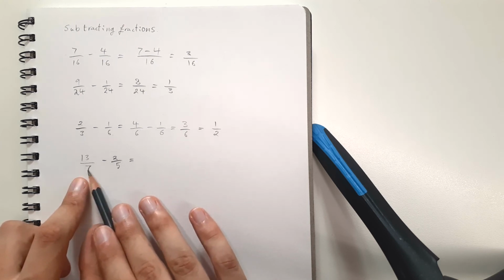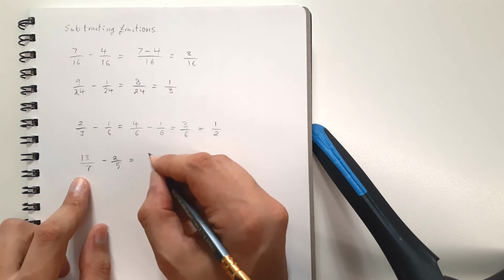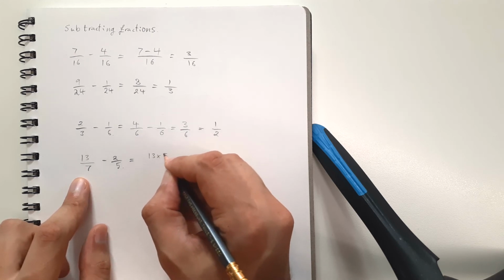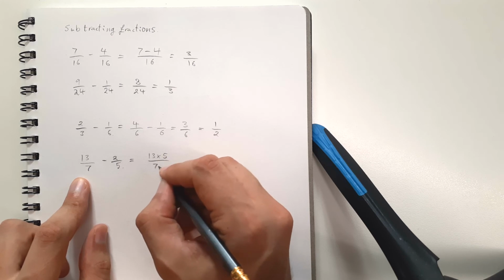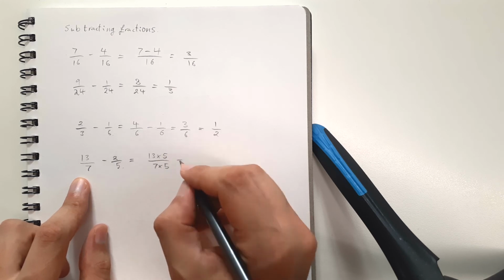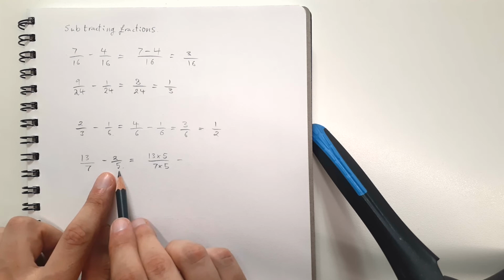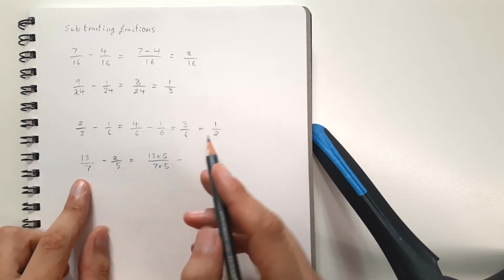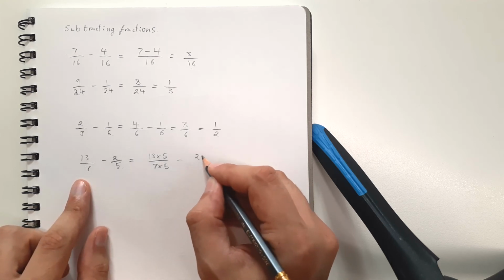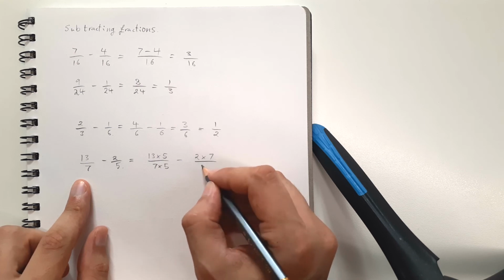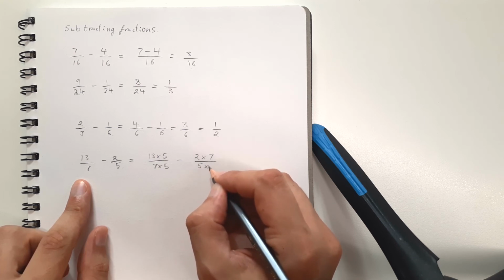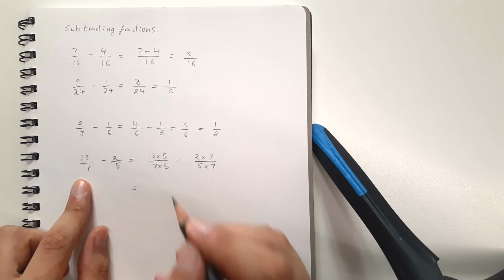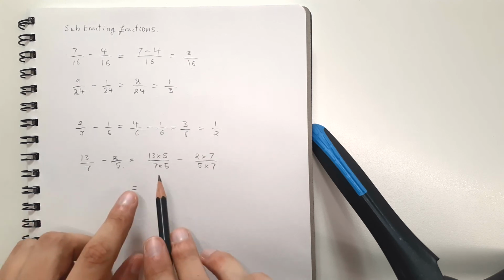So 13 on 7, the other denominator is 5. So we have 13 times 5. And 2/5, the other denominator is 7. So multiply like that.